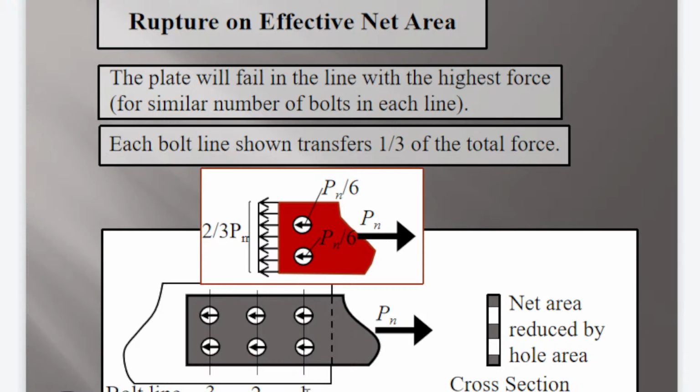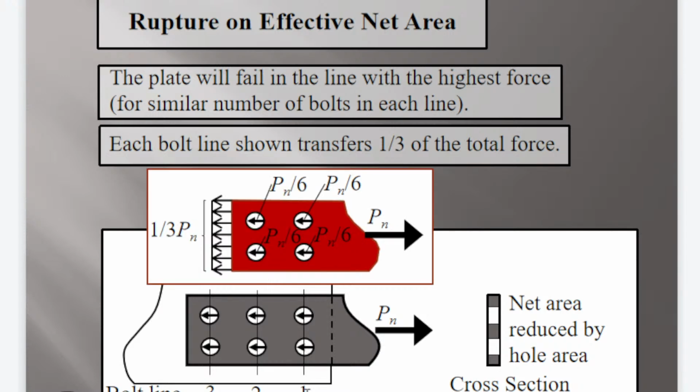Bolt line number 1 takes care of the 1/3. And then, listen, after bolt line number 2, only 1/3 is being felt by this section.